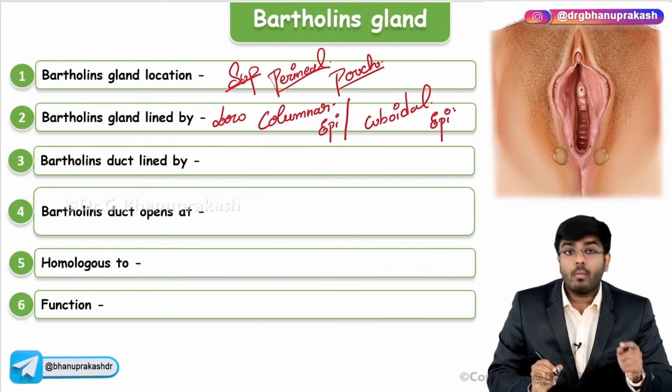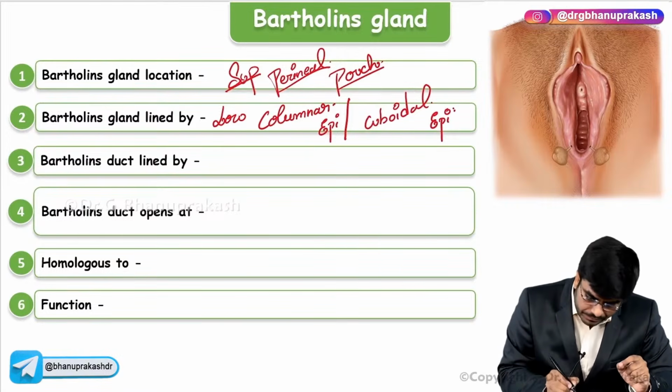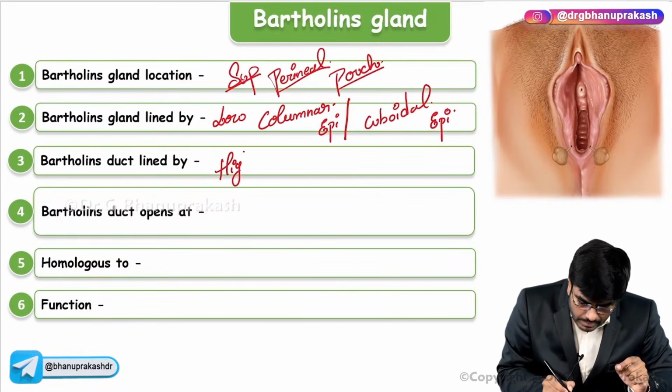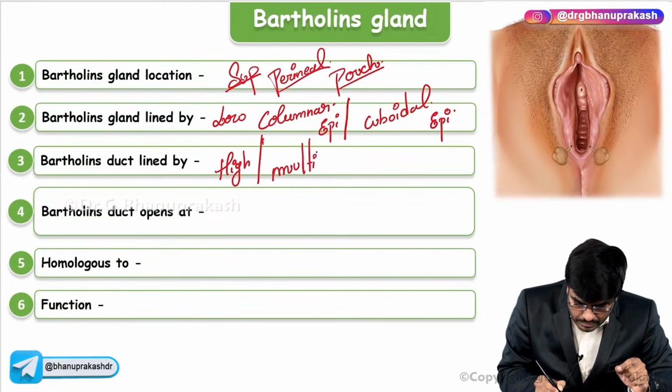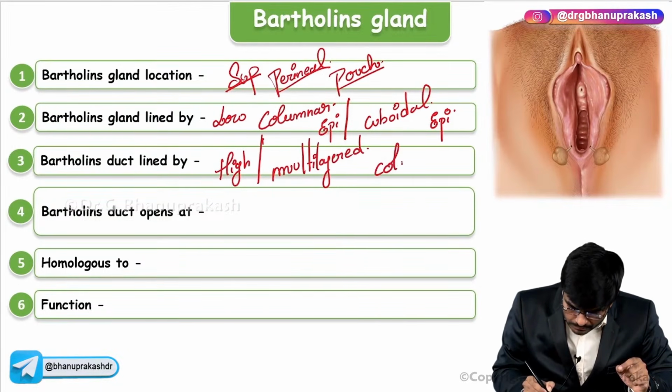Now, what about the duct of this gland? Bartholin's gland duct is lined by high or multi-layered columnar epithelium.